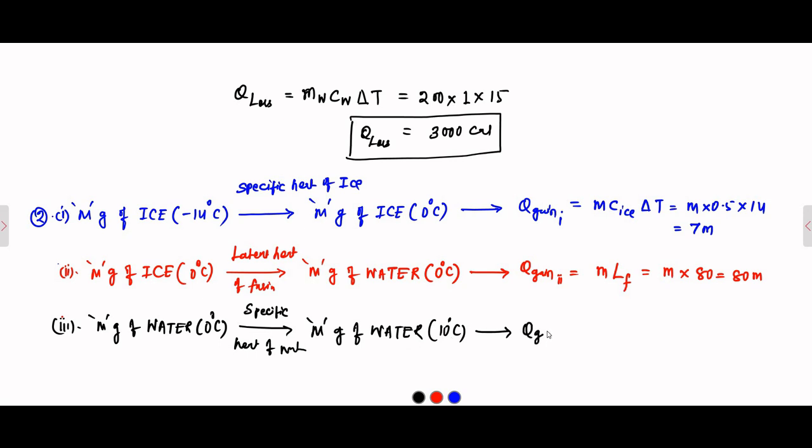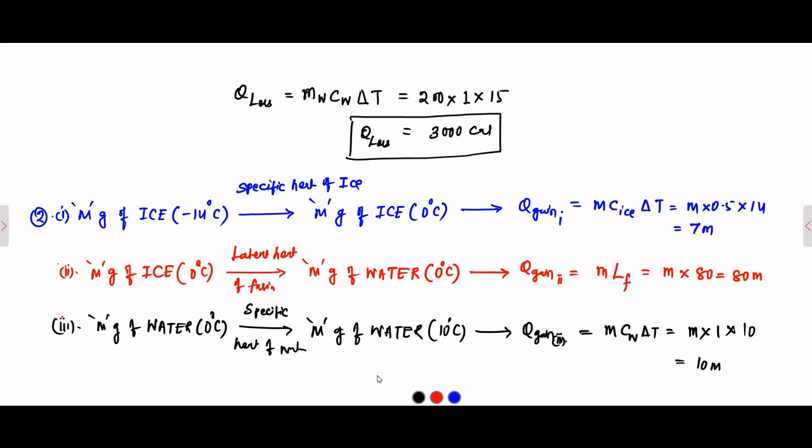So this gain in the third subphase is equal to m C water delta T. Mass, specific heat of water, change in temperature, that is equal to m into specific heat of water, which is 1 calorie per gram per degree Celsius, into delta T, change in temperature of 10 degrees Celsius. So it is equal to 10m.